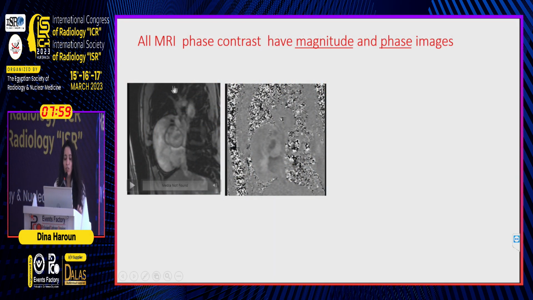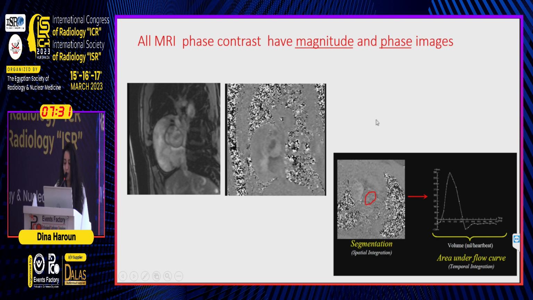Those are the magnitude images and the phase contrast images of the 2D flow, which is an integral part in all cardiac MRI. It's supposed to be contracting to see the direction of flow. These dark spots inside the aorta are the direction of flow of the blood through the aortic valve. This is the magnitude imaging to see the anatomy in detail, and this is the phase contrast images.